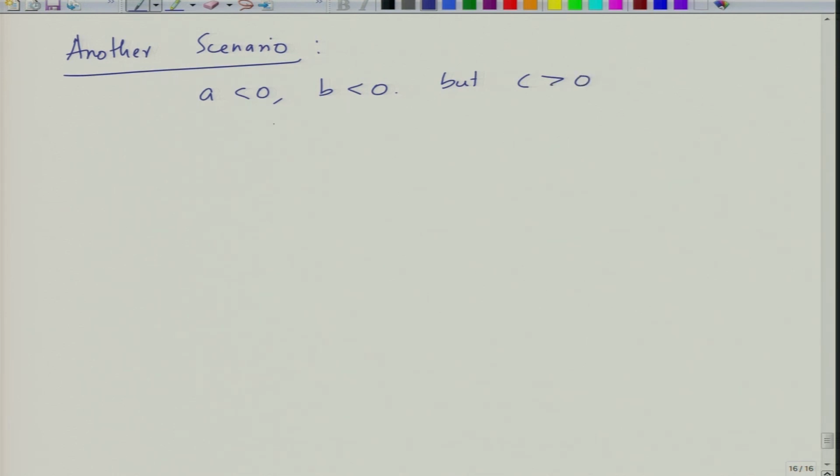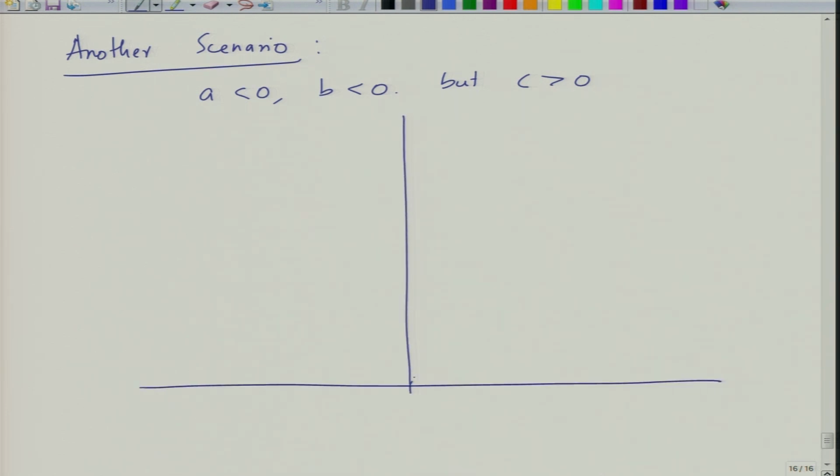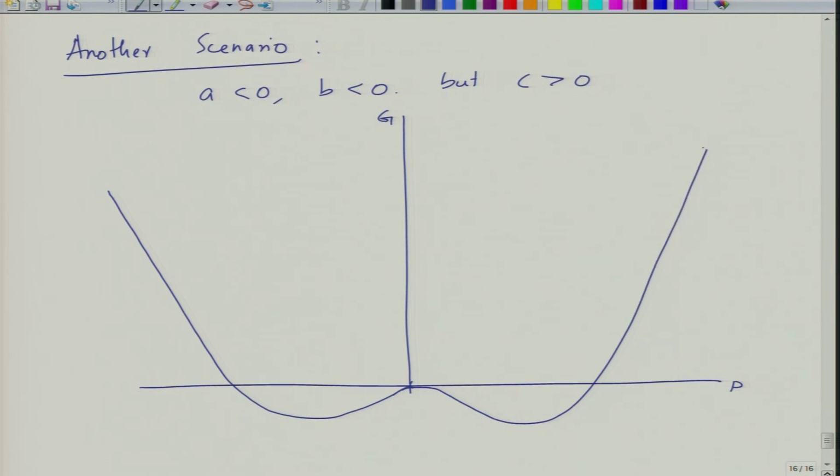Now, in this case when you plot the free energy versus polarization, let us say this is G, this is P. In this case, at very low temperatures, let us say at a temperature T less than a temperature called T naught, which is less than Tc, this is where we have a free energy minimum.